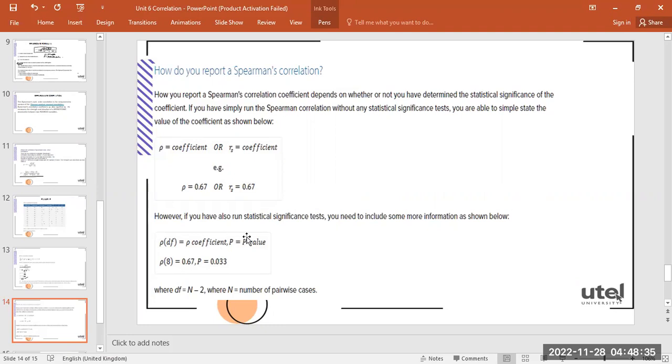However, if you've run a statistical significance test, you need to include some more information as shown below. In other words, rho, and then what we call the degree of freedom. You need to also include the degree of freedom in this case.